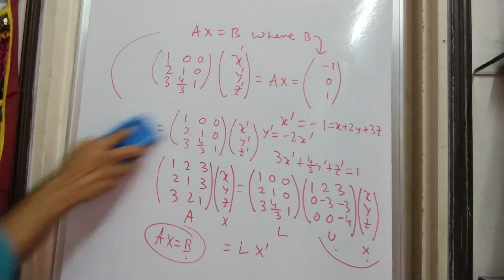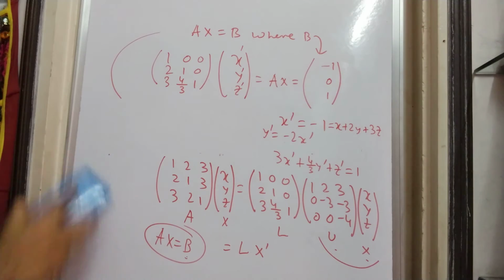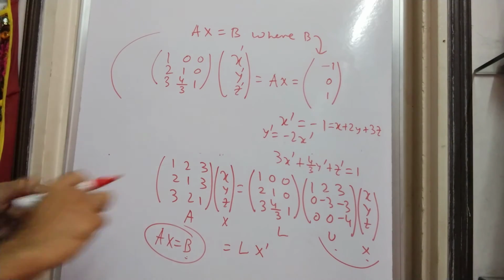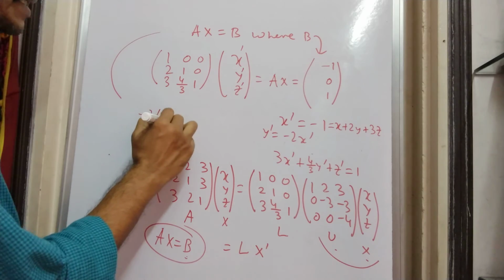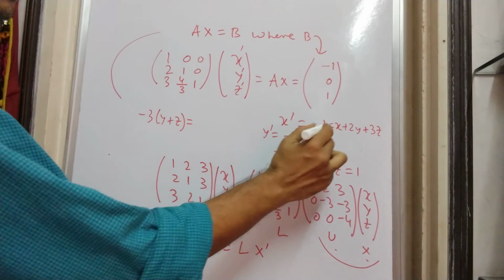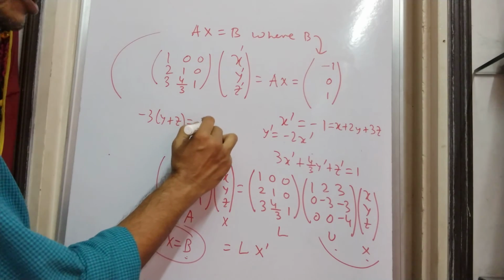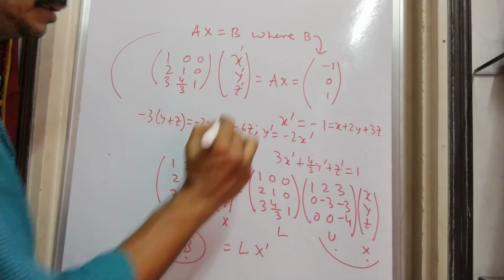So if we put the relation like this, y prime equal to minus 2x prime, and then substitute the values of y prime and x prime here, since y prime is nothing but minus 3 into y plus z, and x prime is like this, if we multiply with minus 2, this becomes minus 2 minus 4y minus 6z.